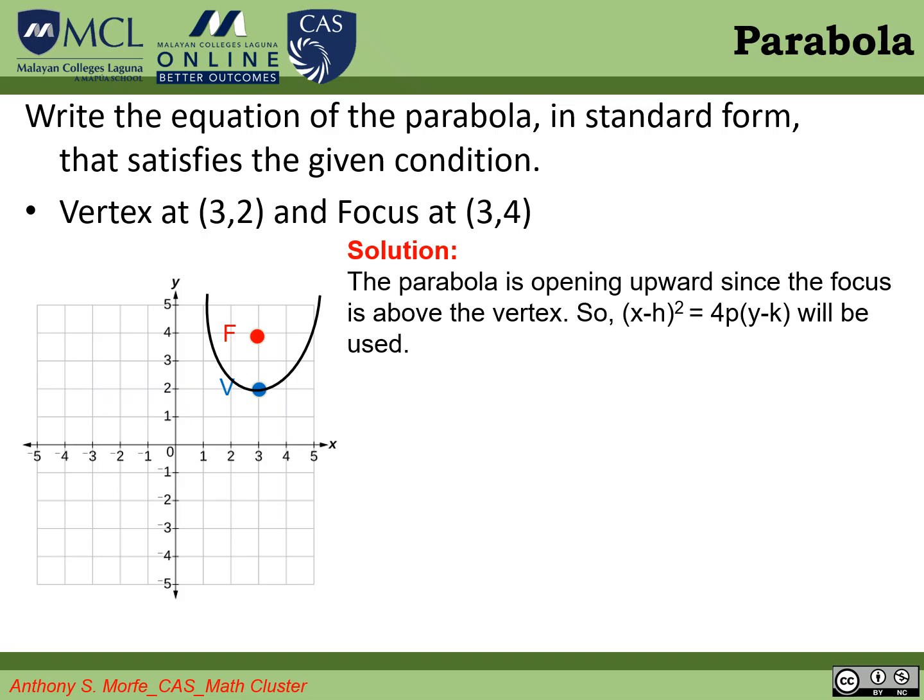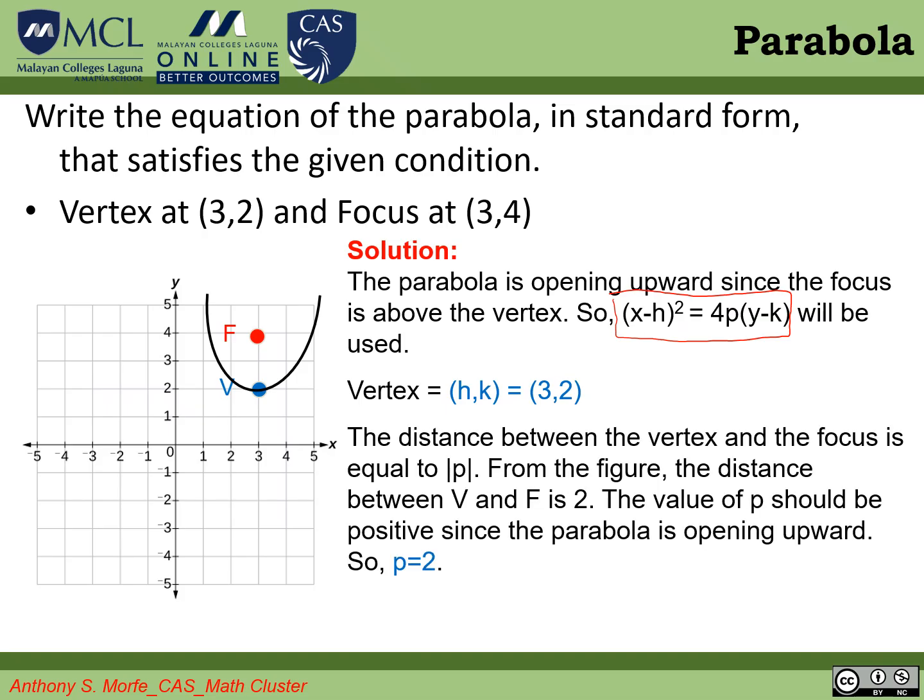So if that is the case, opens upward, then we have to make use of this standard form. So this is the standard form of our parabola that opens upward. So use this. The vertex is (h, k).